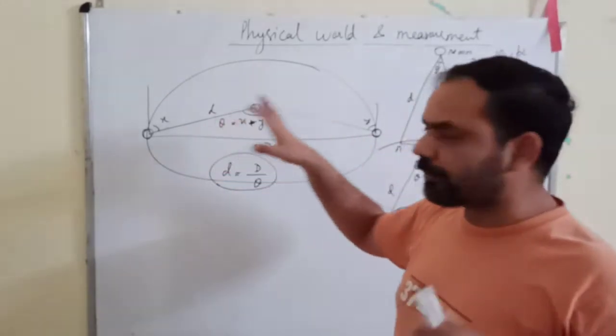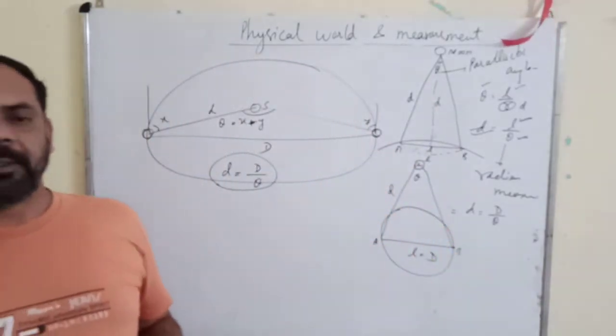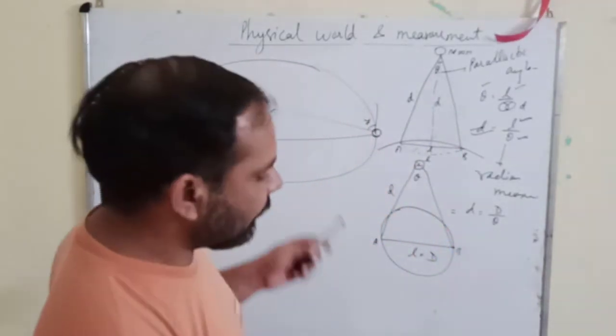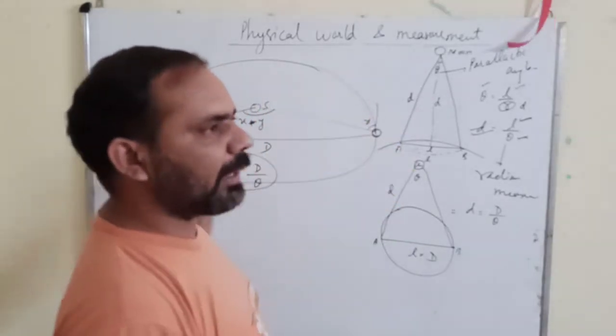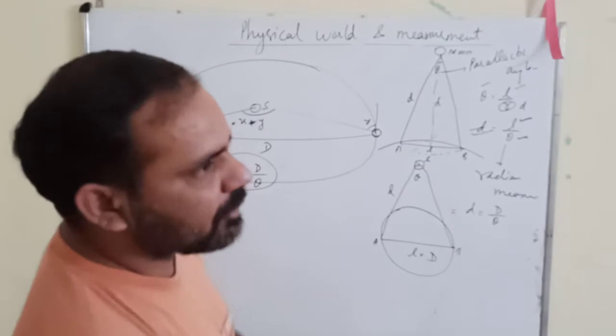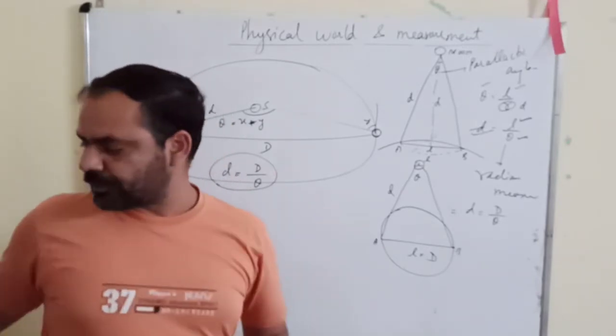Now your base is sufficiently large and your angle will become sufficiently large so that you can measure it. This is your parallax method and the different ways you apply it to find astronomical distances, the distance of heavenly bodies.